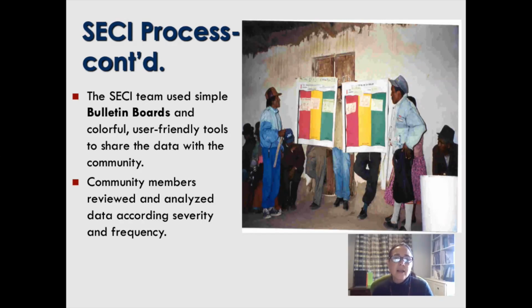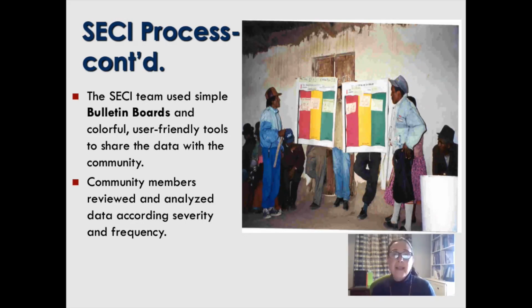And this was done on a monthly basis. You can see on the right, as it was consolidated, the colors red, yellow, and green were used to distinguish severity and frequency. And it was the colors of the Bolivian flag as well. Red being the most severe and or most frequently seen as the issue or a problem. Yellow, moderate, green, that they may be making progress.